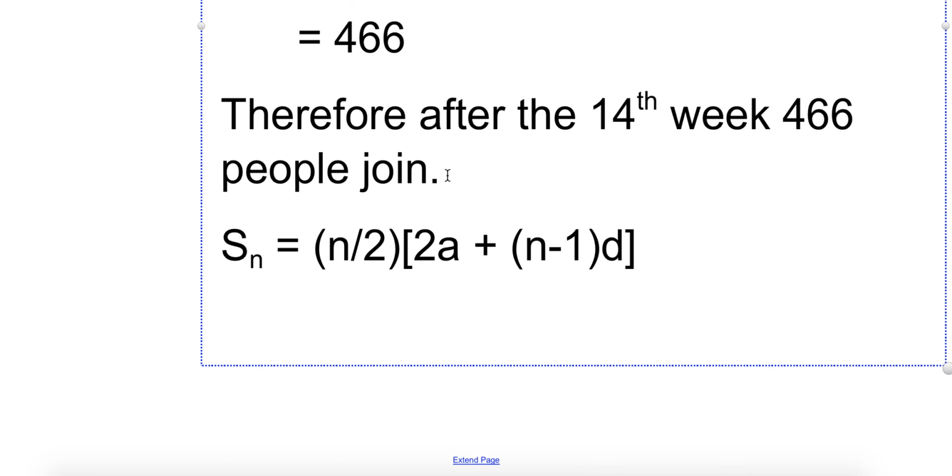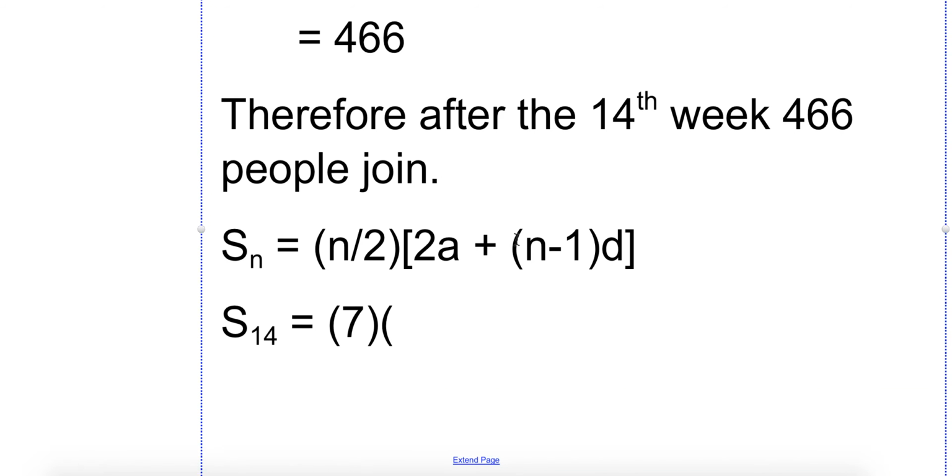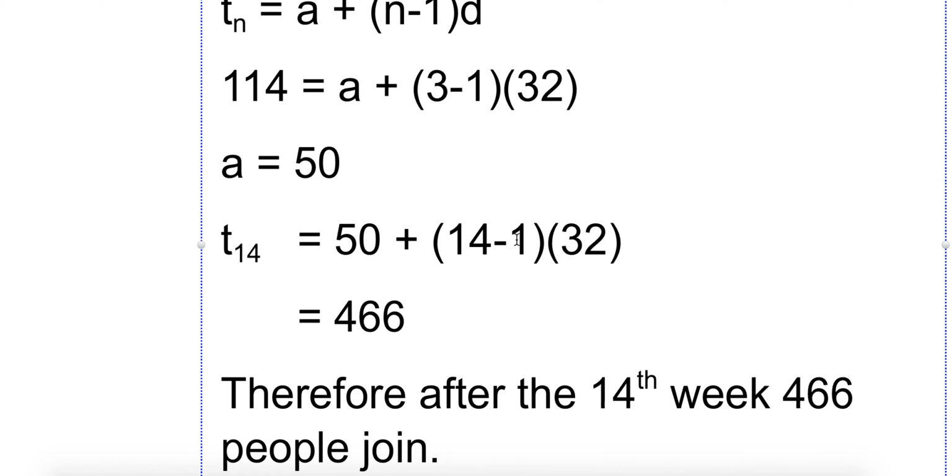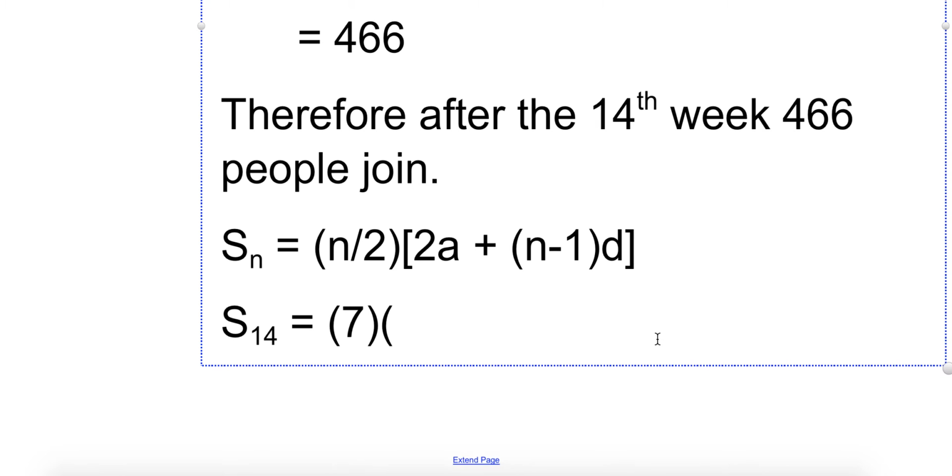Close our brackets. So we're going to do S14 equals 14 divided by 2 is 7. Our A value was 50, I believe, and our D value is 32. So 2 times 50 is 100, plus we've got 14 minus 1, which is 13, times 32.